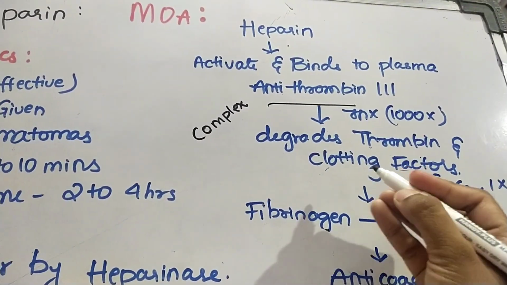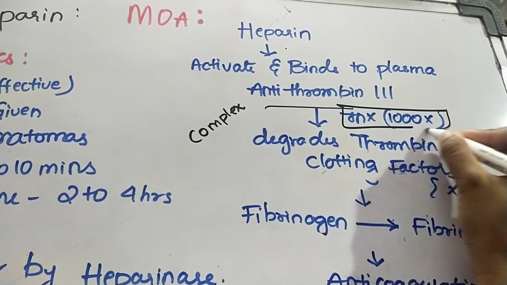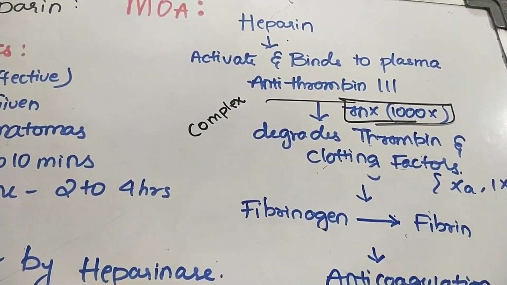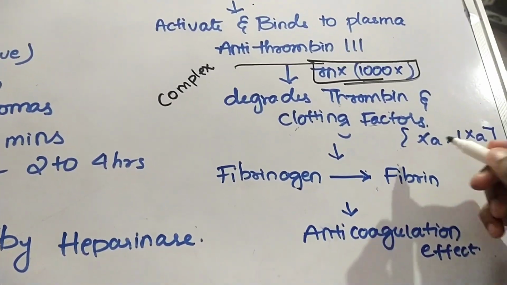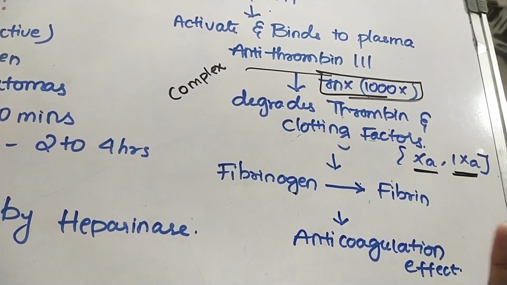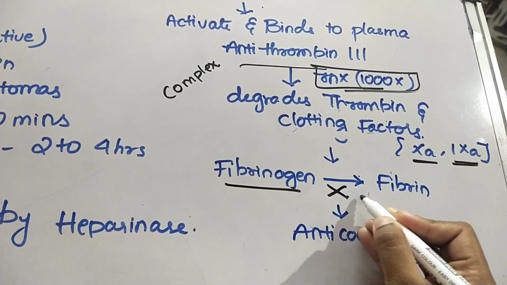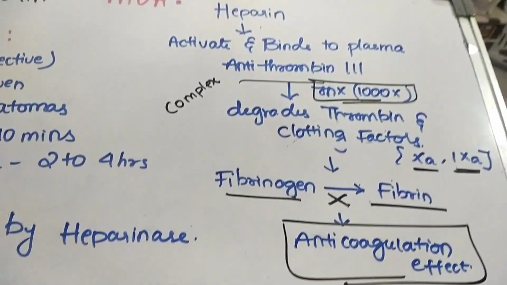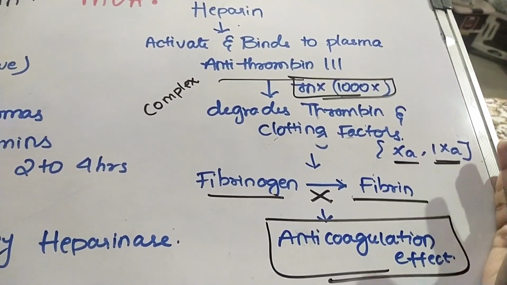This increases the action of antithrombin 3 by 1000 times, degrading thrombin and clotting factors 10A and 9A at a faster rate. Then fibrinogen will not convert into fibrin, resulting in an anticoagulation effect. This is the mechanism of action of heparin.